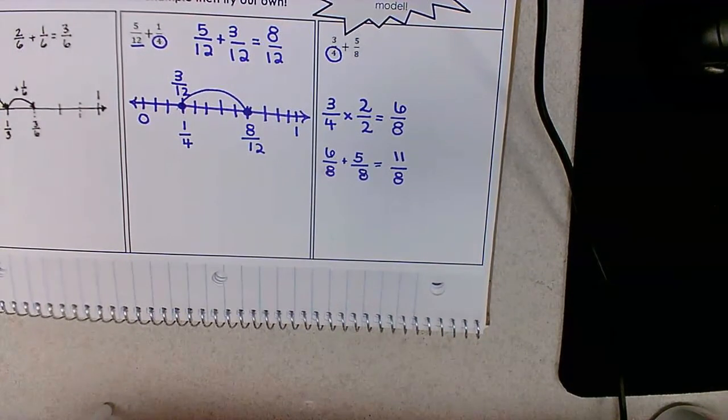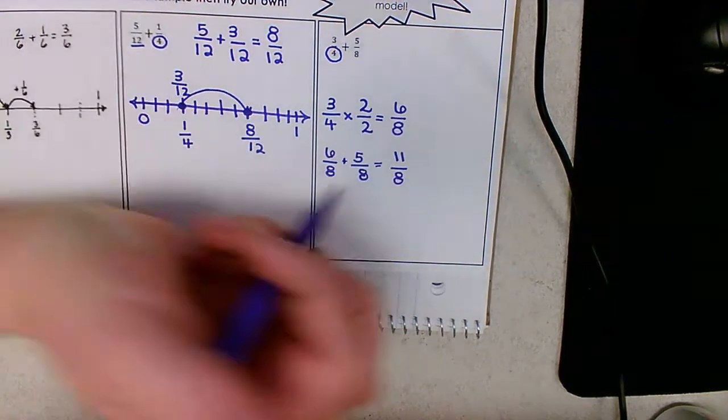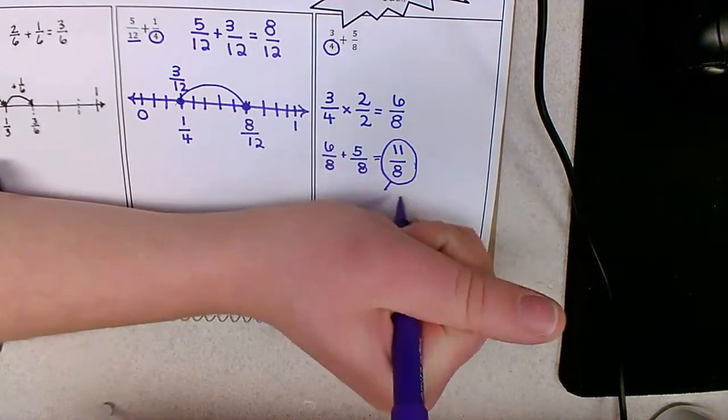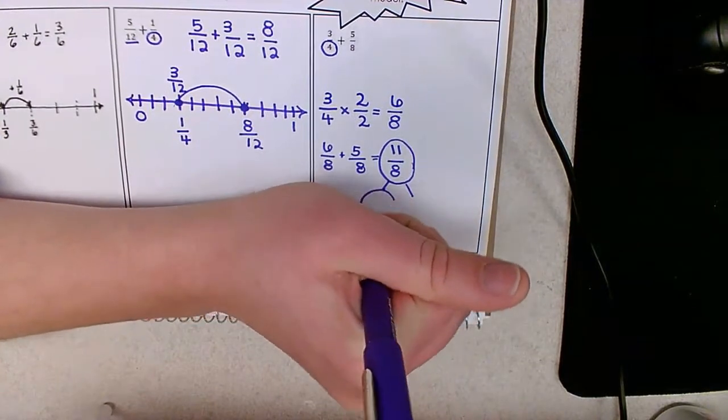Oh dear, this is so improper. When you have a fraction where your top number is larger than your bottom number, we call that an improper fraction. So 4th grade, let's change our improper fraction into a mixed unit.